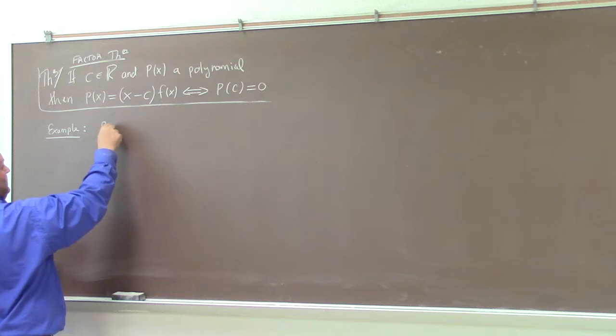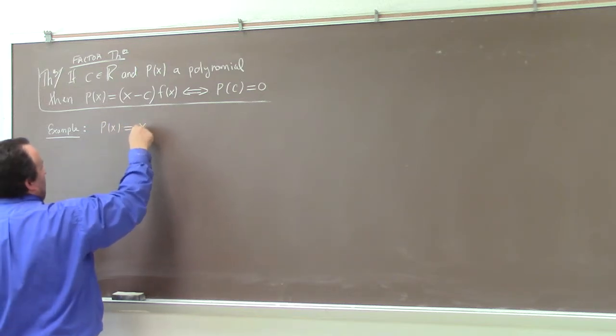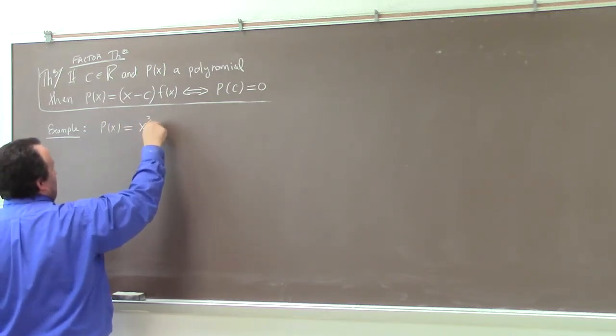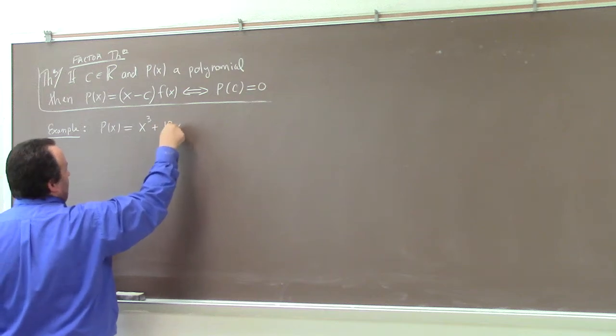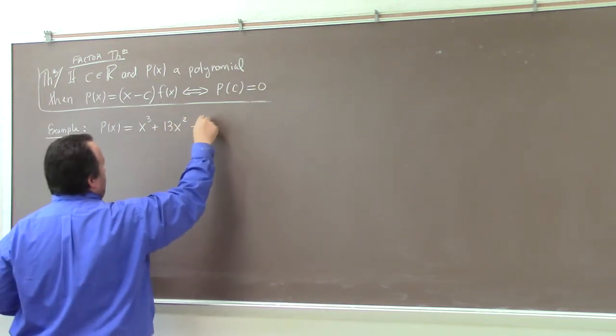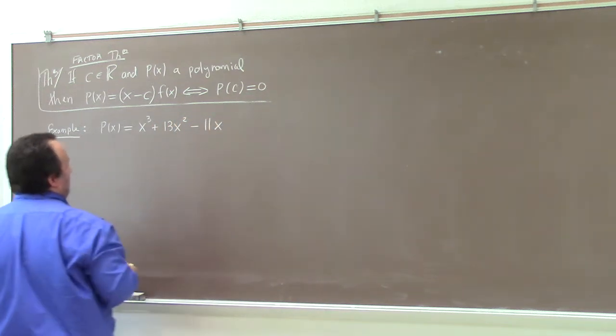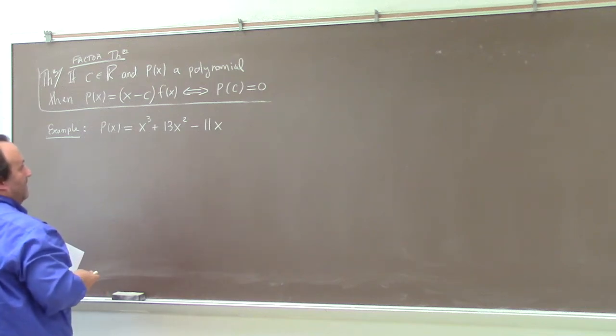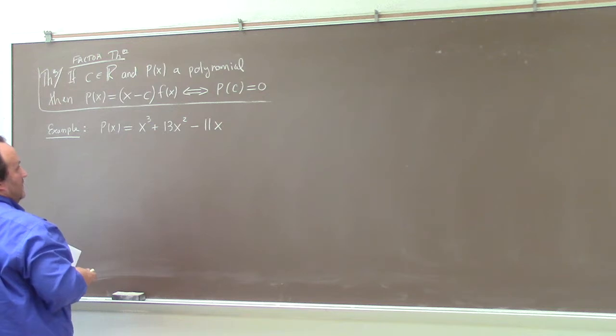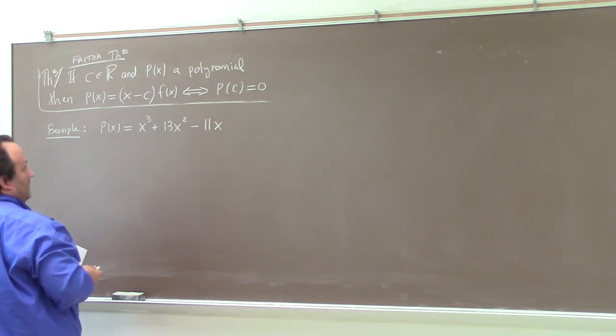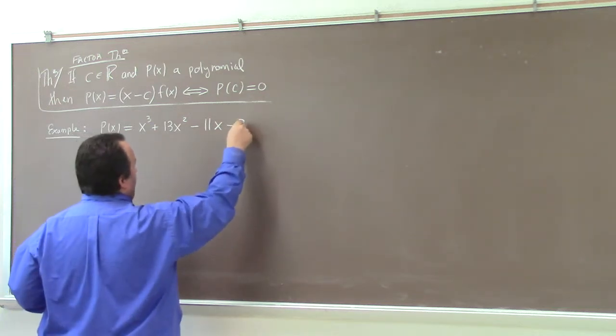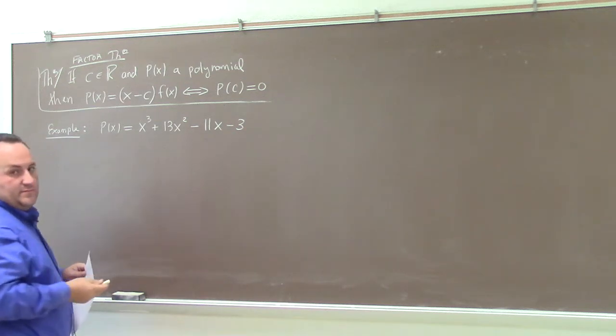P of X equal to x cubed plus 13x squared minus 11x minus 3. Let's factor this.